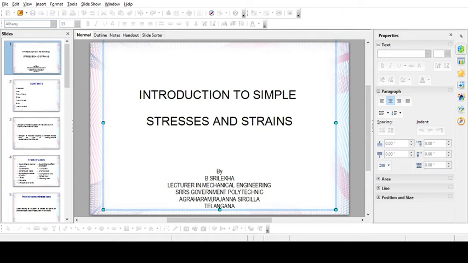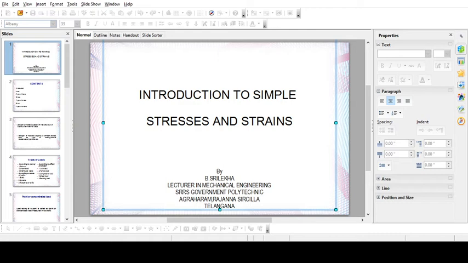Where does this tensile strain occur first? We are applying tensile load. Tensile load is nothing but pulling the body away from the center, elongating the body. It is pulling away at both ends axially. If you are applying certain axial pull type of load, then you get this tensile stress.